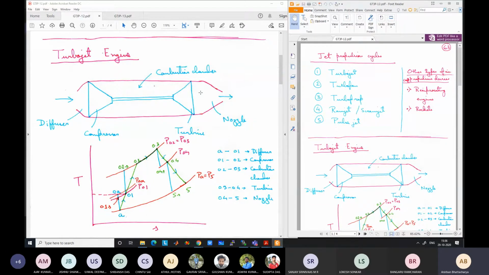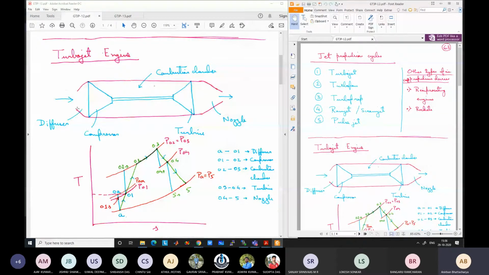So for subsonic flow, you know that the diffuser should have increasing area. To reduce the flow speed, we need increasing area. For supersonic flow, to reduce the speed, we need decreasing area. Okay, so we can have convergent-divergent diffusers also in case where we have supersonic flow velocity at the inlet.